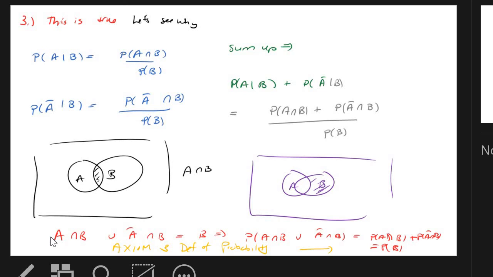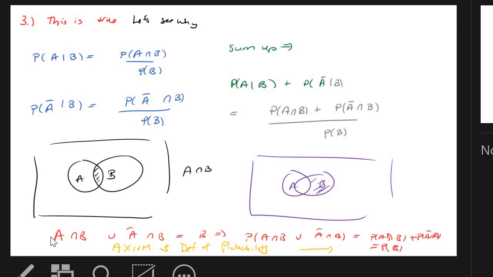So can't you just look at the circle B and say that because that circle B is completely filled, that it would equal 1? No. The only thing that's totally equal to 1 that I know of is the entire sample space. I don't know that the probability of B is equal to 1 automatically.